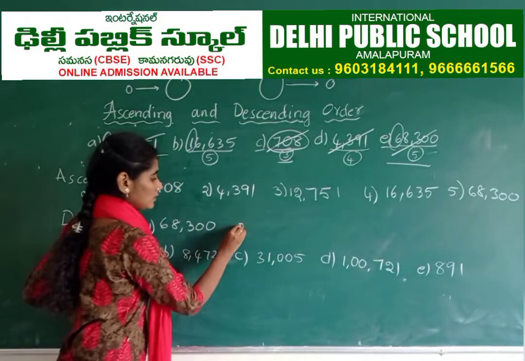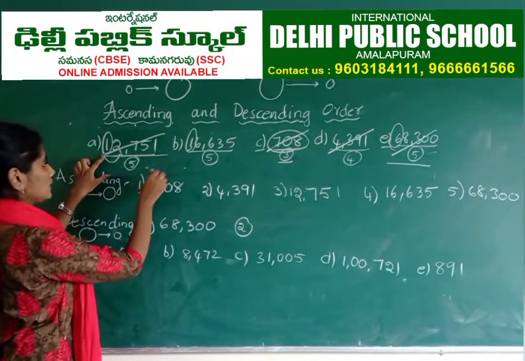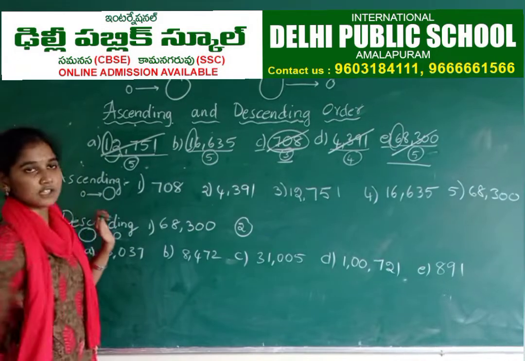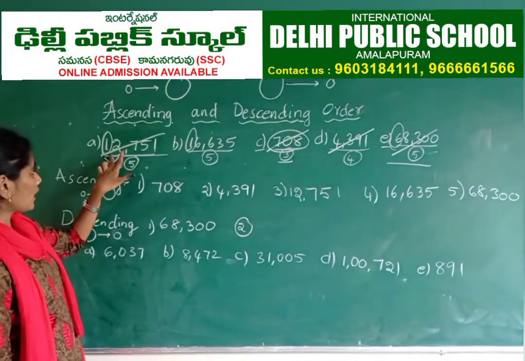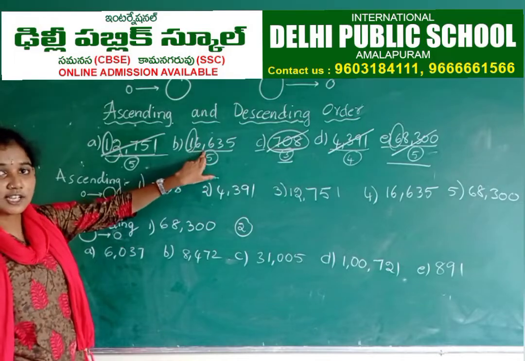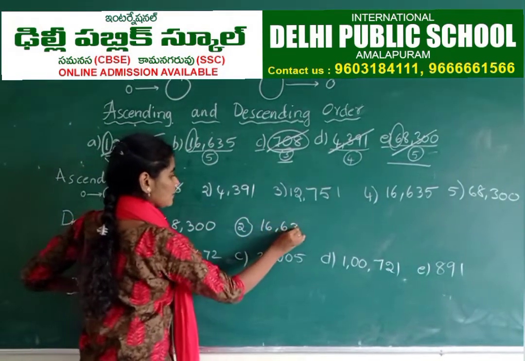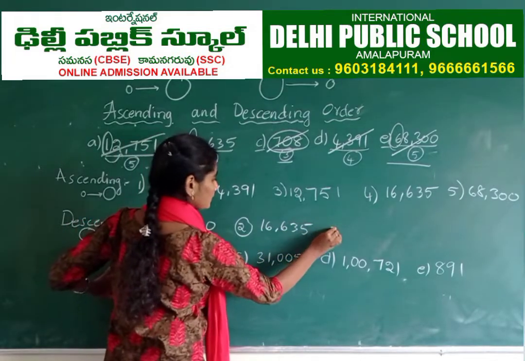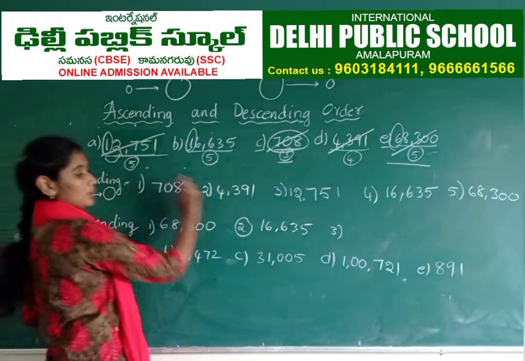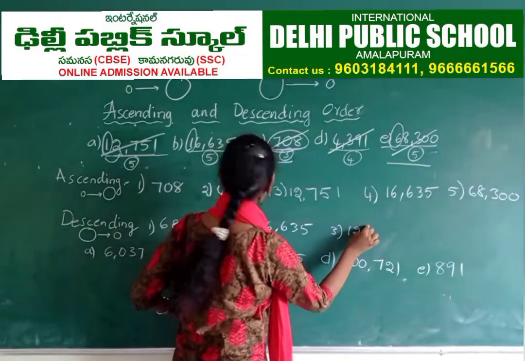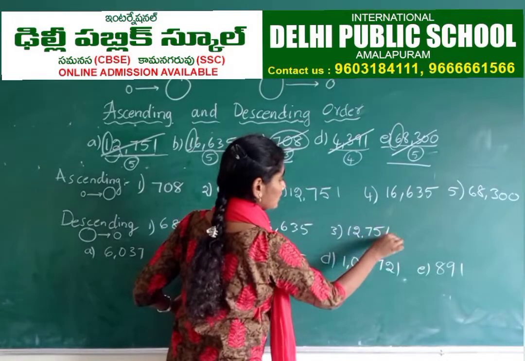Then later, so here we have 12,751 and 16,635. So here 12 and here 16. 16 is bigger than 12. So we will take 16,635. Then third, 16 after 12, so we will take 12,751.